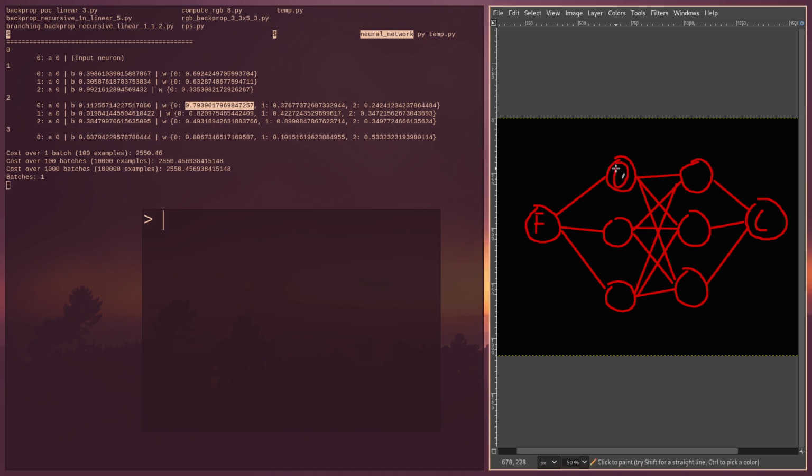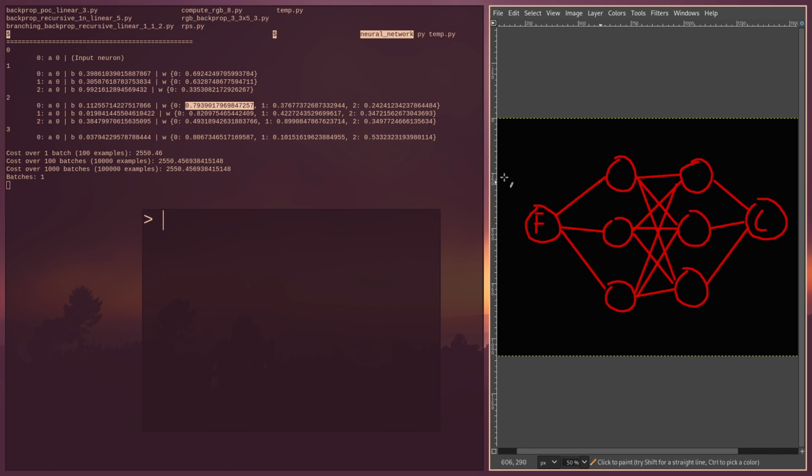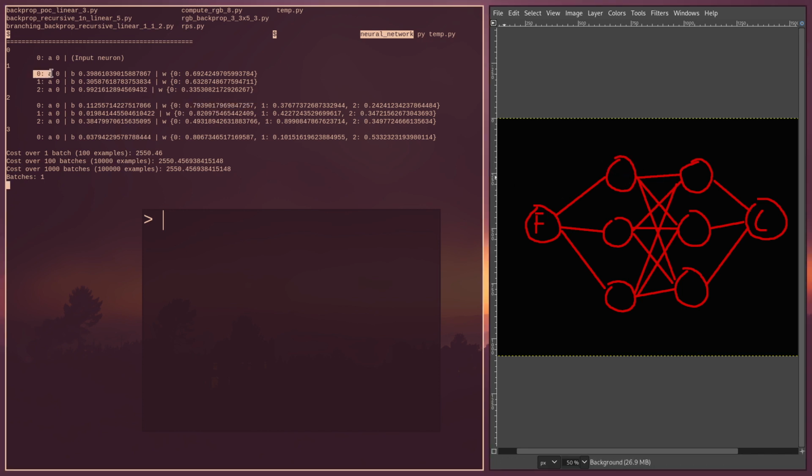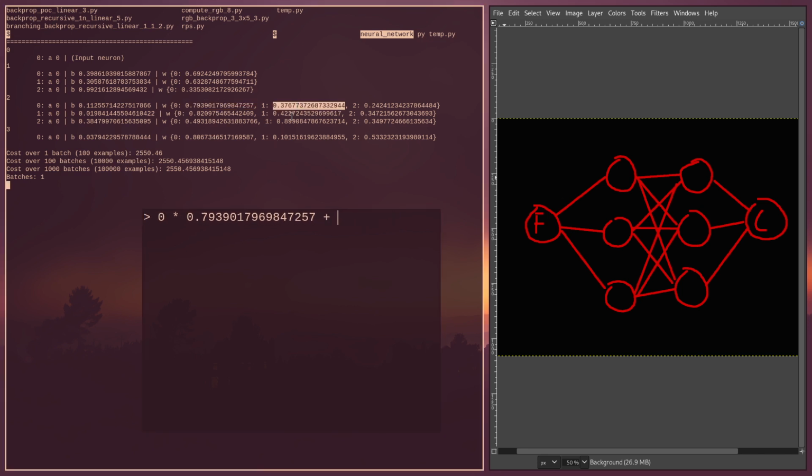So this neuron's value over here was 0. So hold on. This one was 0, that's up here, 0. So this one would be multiplied by this weight. That's 0 times this, plus this neuron.